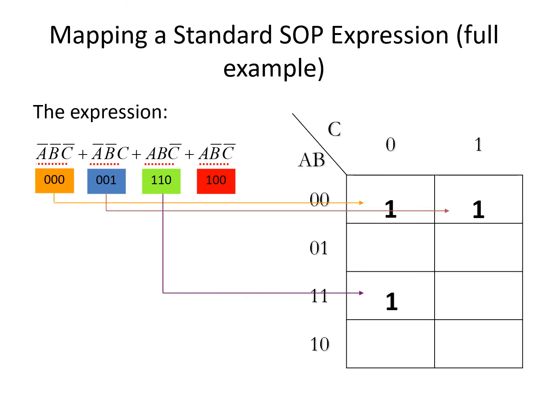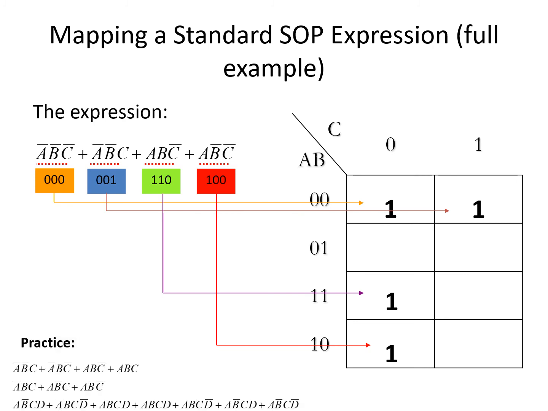Similarly, the next one, third one and the fourth one. So we can have the remaining all zeros. This is how you map a standard SOP expression onto the K-map, and from this K-map we can go for the minimization. There are practice examples given there. You can try out those examples.